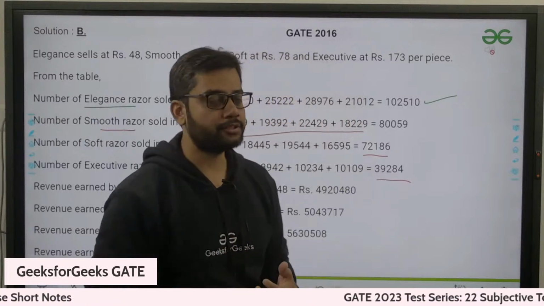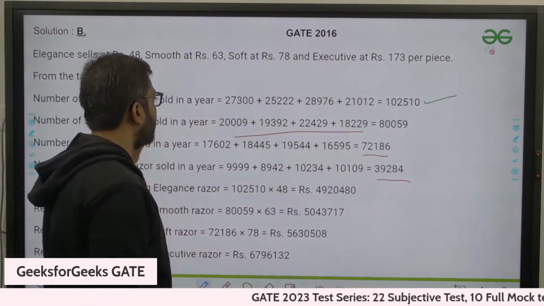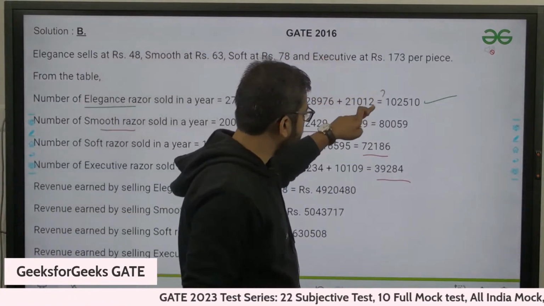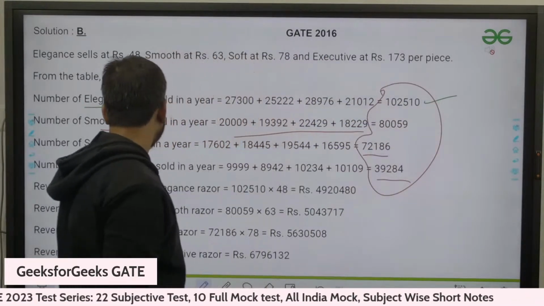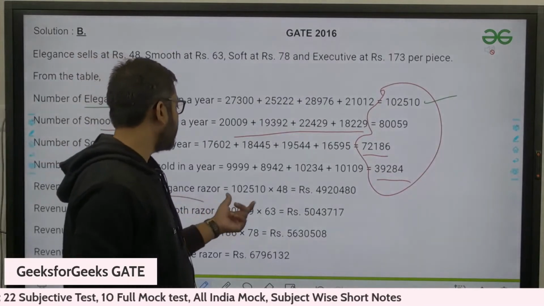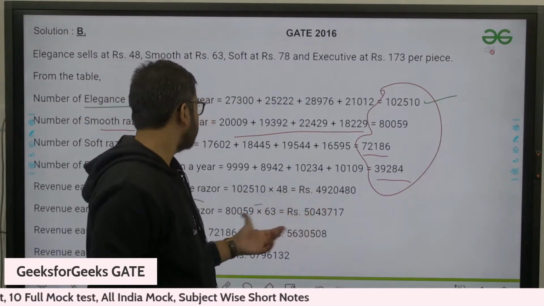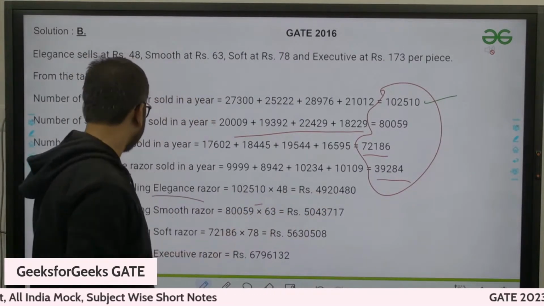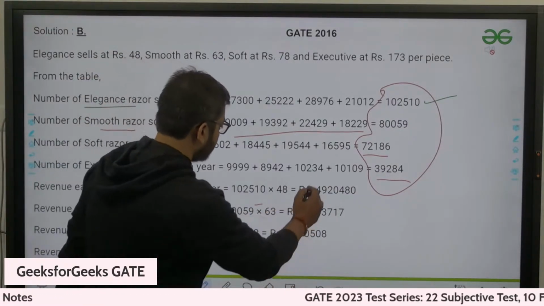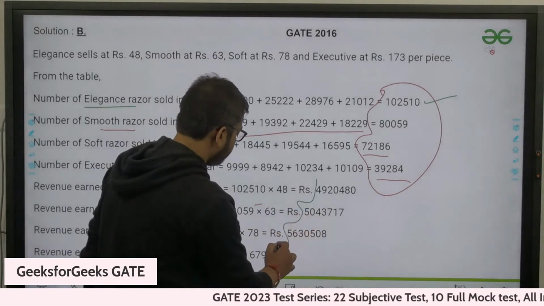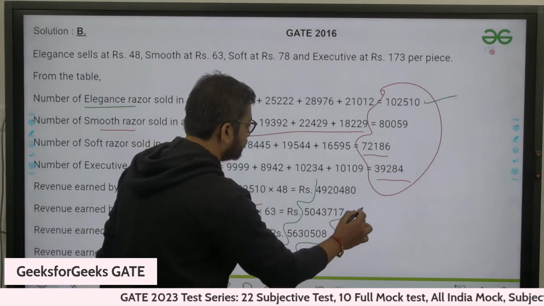Once we have found this data, multiply by the corresponding price. For elegance multiply by 48, for smooth this, for soft 78, and for executive this. Out of this data, tell me which one will give you the highest revenue.